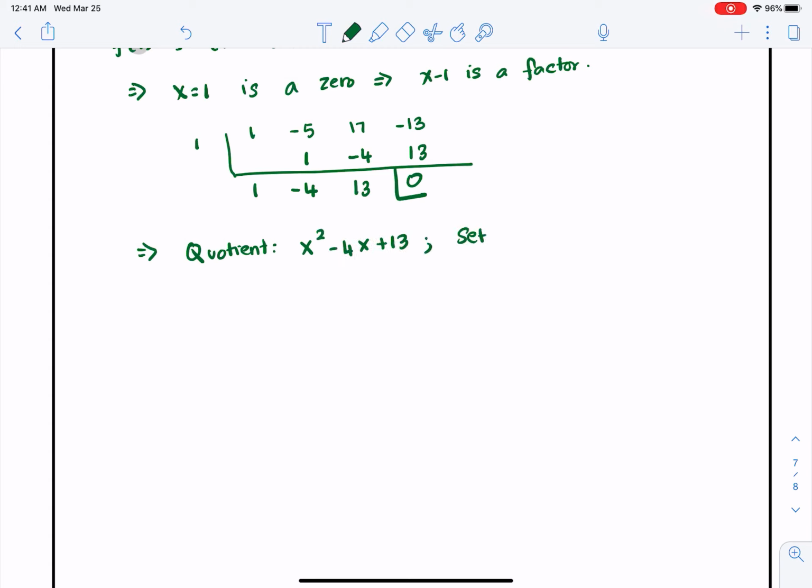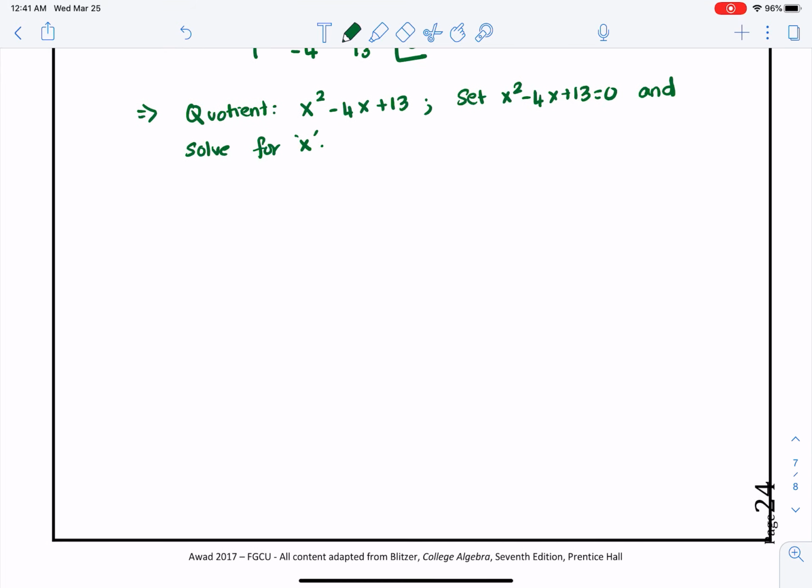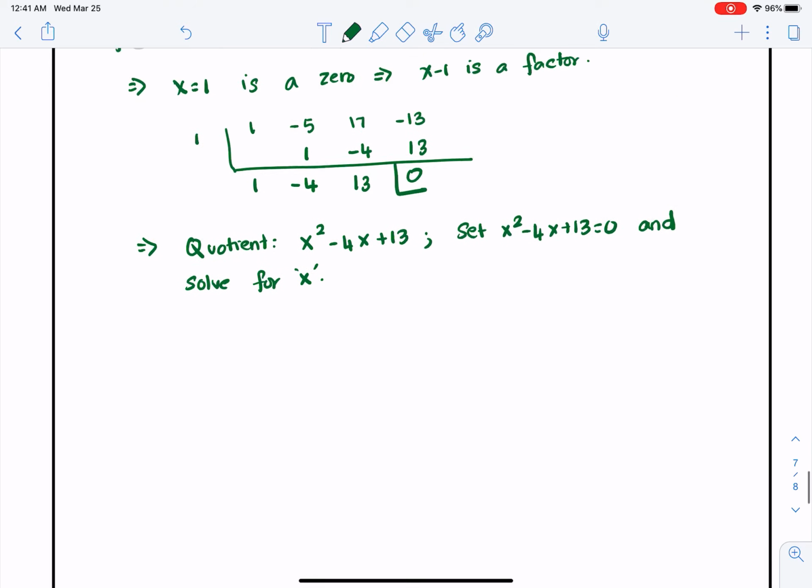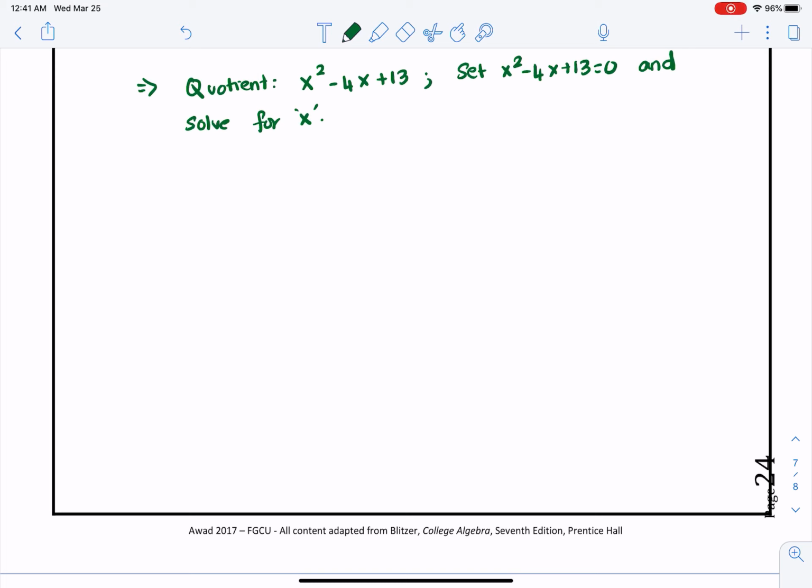So we set x squared minus 4x plus 13 equals 0, and we solve for x. So could we factor it? We cannot. We could use the quadratic formula, so minus of minus 4 plus or minus the square root of minus 4 squared minus 4 times a times c, divided by 2 times a.